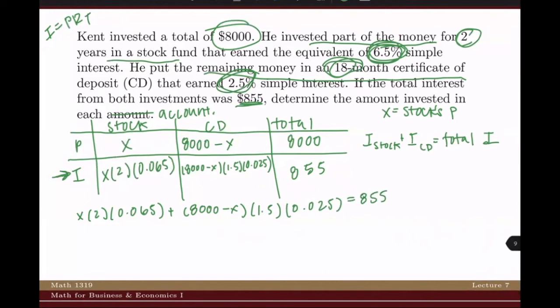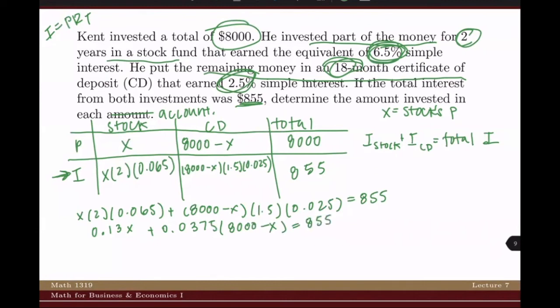And then you'll start multiplying these things out. So 2 times 0.065 is 0.13x plus 0.0375 times 8,000 minus x equals 855.